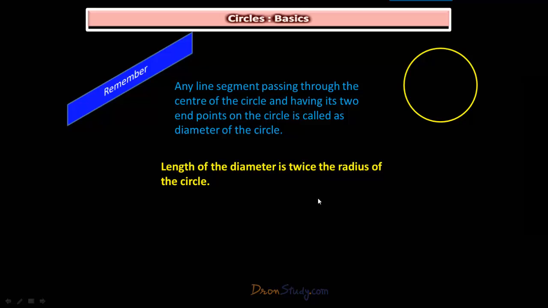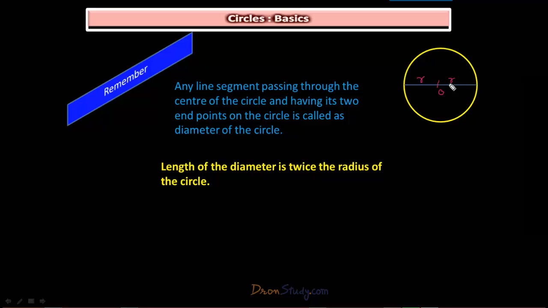This is a circle, and a line segment that passes through the center of the circle and having end points on the circle is called the diameter of the circle, and this diameter is twice the radius of the circle, because this part will be radius and this part will be radius, and therefore total length will be twice the radius.